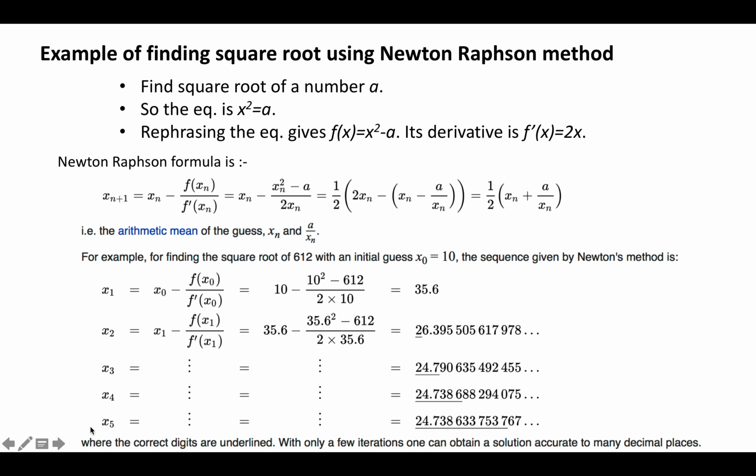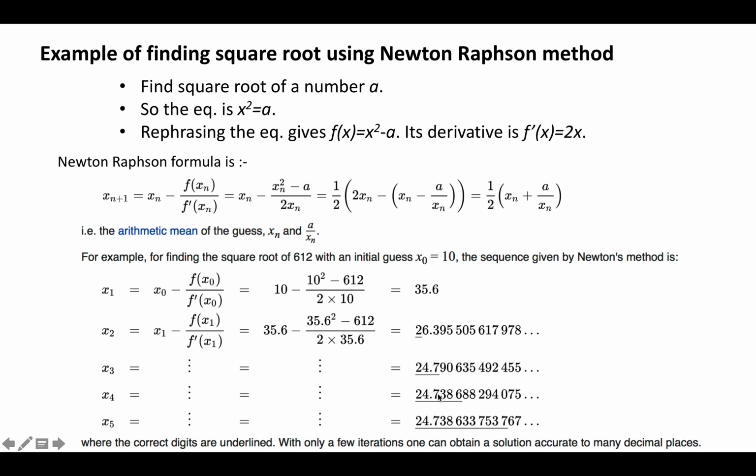Up to the fifth decimal place, we see that the 4 digits of the fourth iteration, 7386, repeat again at the fifth iteration. So if we require accuracy up to the fourth decimal place, it means the difference x4 minus x5 is less than 10 raised to the minus 4. So we reached our required accuracy.